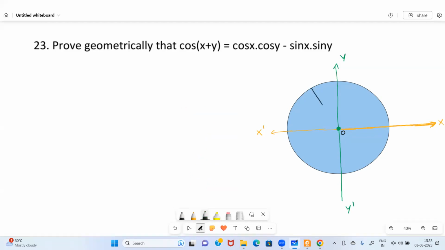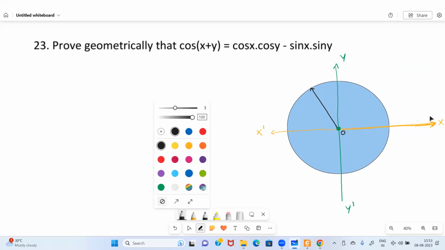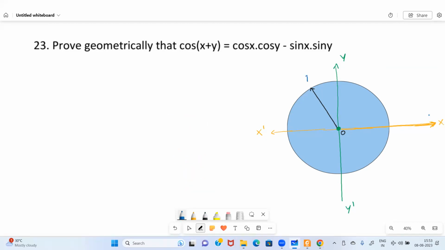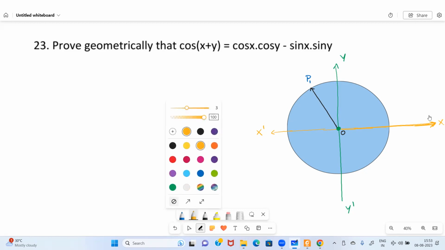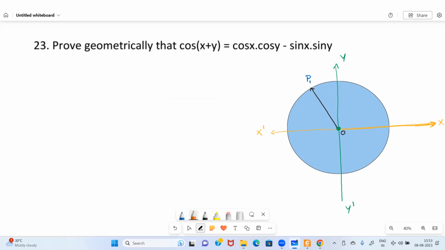So 110 degrees approximately, you draw a ray here. One end is O and the other end is P1. Now let us call this angle, taken in the anti-clockwise direction, as x.